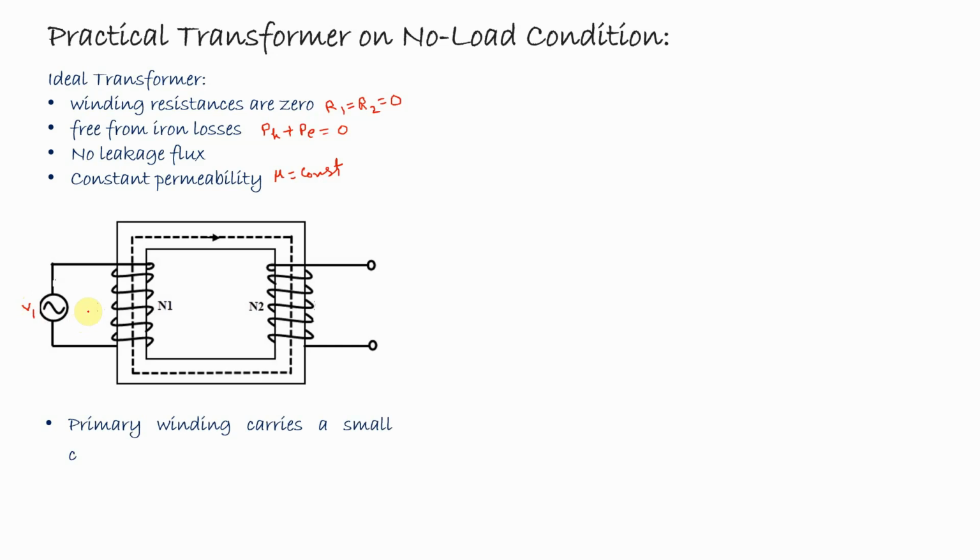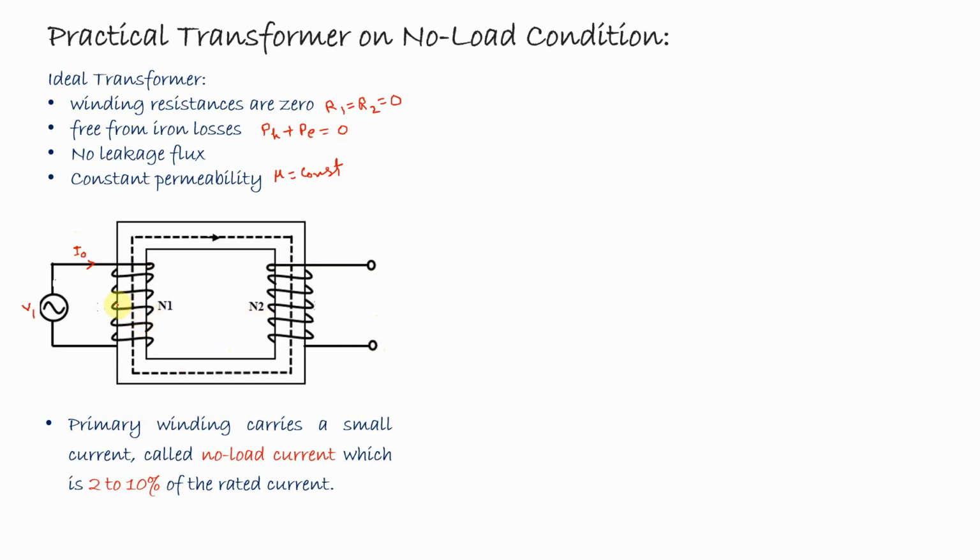The number of turns on the primary side is N1 and on the secondary side is N2. A current will start to flow in the primary winding, and this current is represented as I0. This is called the no load current, because no load is connected on the secondary side.